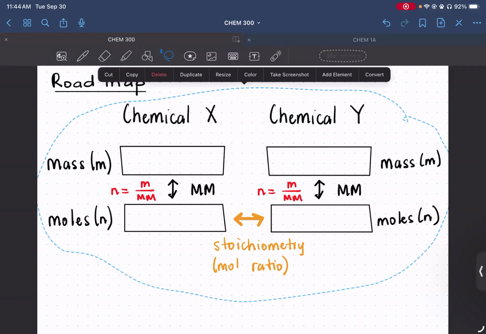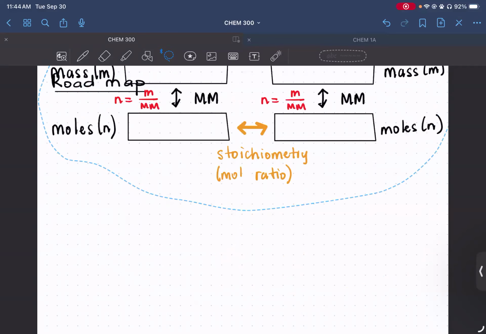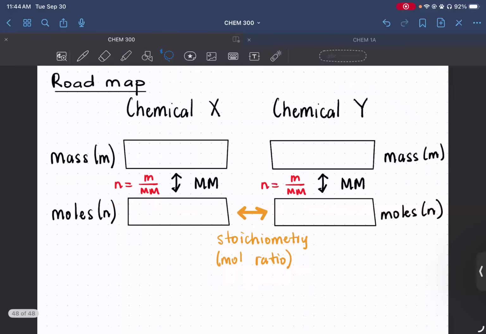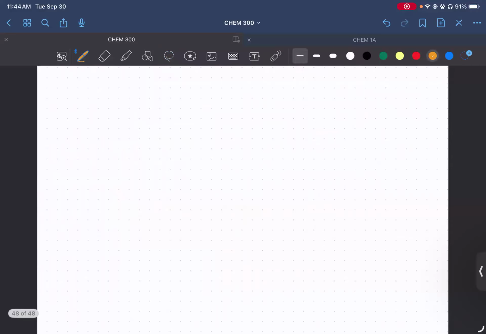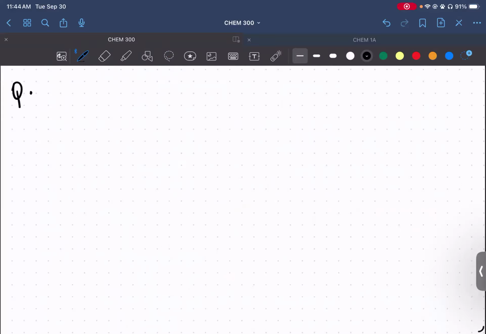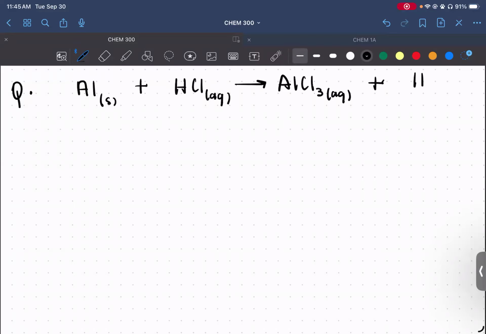Here's a question. Oh, whoops, it's moved up too much. Based on the chemical reaction shown here, aluminum solid plus HCl aqueous gives us aluminum chloride aqueous added to H2 gas.